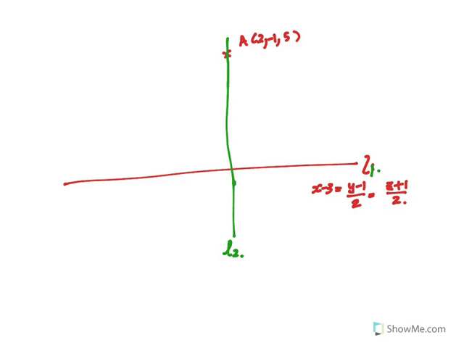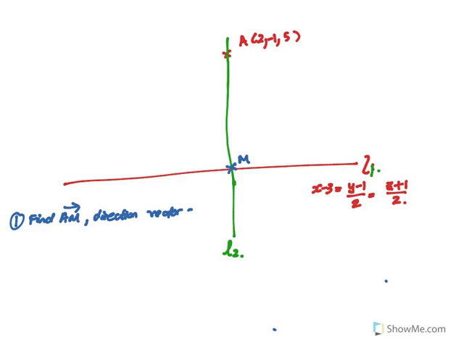Remember, when we find a vector equation, first we need a direction vector and a point. To find a direction vector, we first find M, the point of intersection. Then we find AM, because AM will give us the direction vector of line 2.